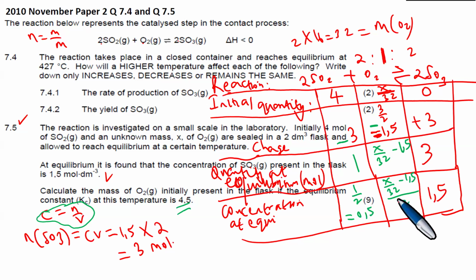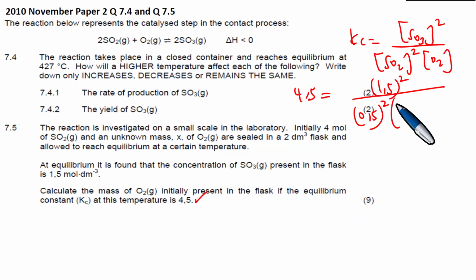It's exactly this one, but you can simplify. Multiply the top and bottom by 32. Multiply by 32, you get 48 on top, divided by 64 at the bottom. So x minus 48 divided by 64. Okay, so we have this.